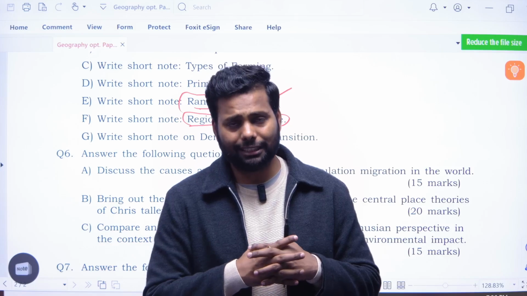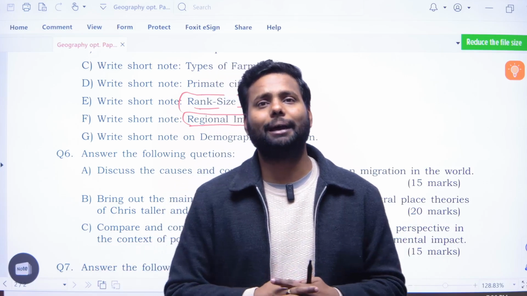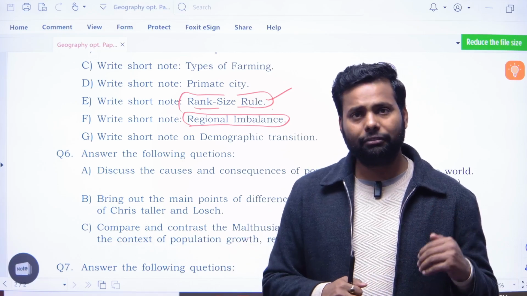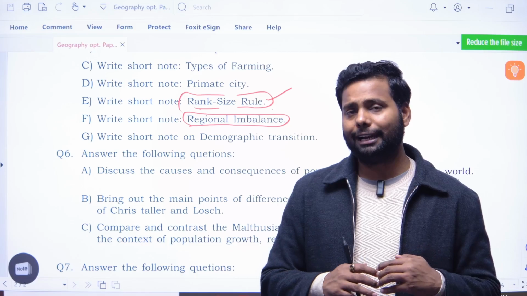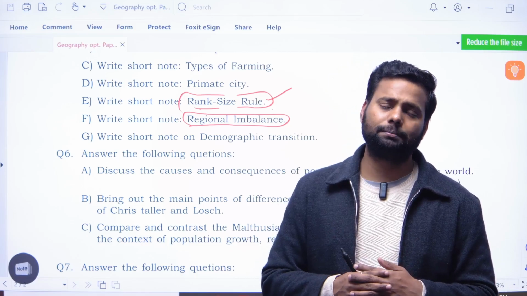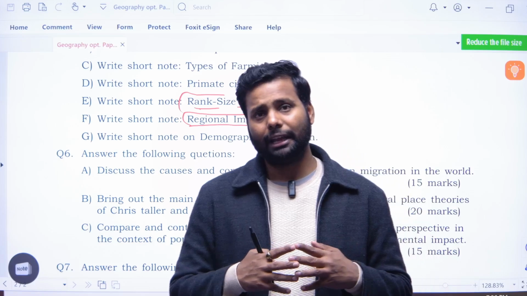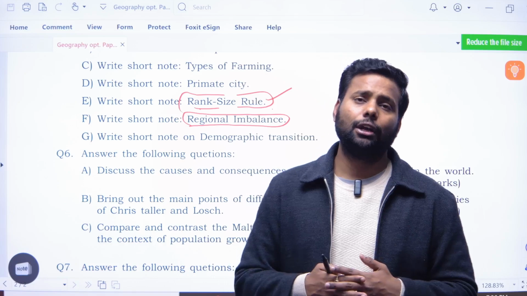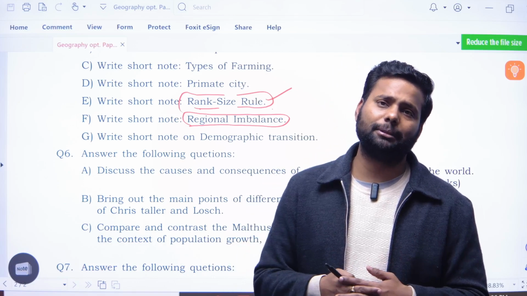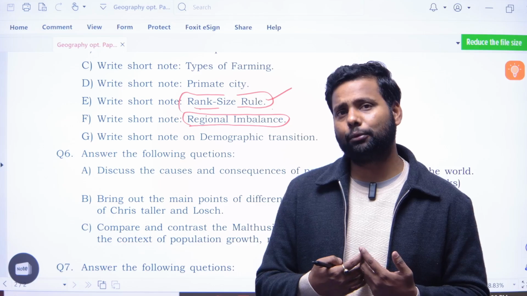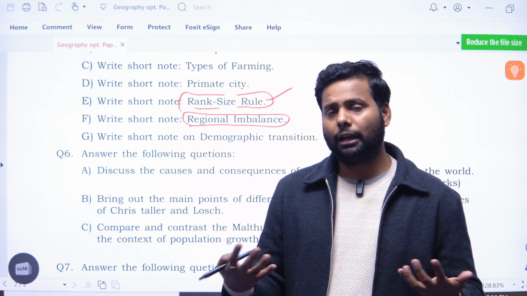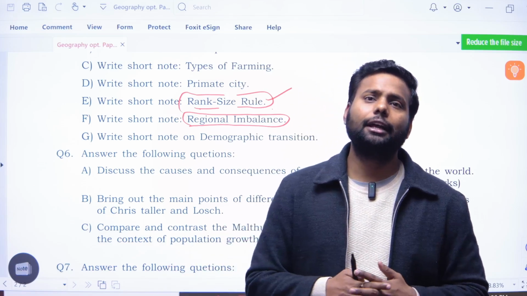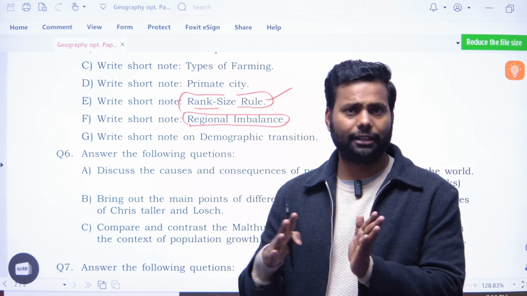So there is a lot of natural imbalance, or regional imbalance, in any country, and it becomes more severe and more dangerous when the political policies are poor, when the government is pessimistic and its approach is not developing, not making plans for each and every region in an individual manner.